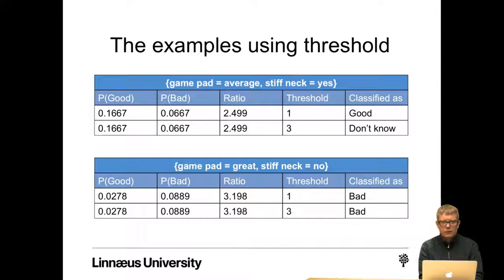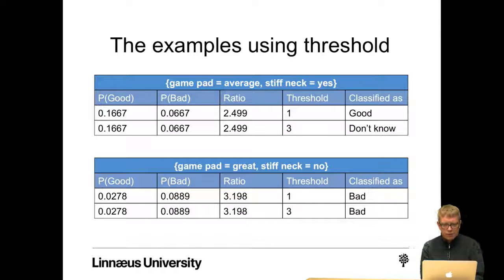If we use a threshold of 3, it means that the probability of the highest category must be at least 3 times higher than the probability for the other category, and the ratio here is only around 2.5, so we classify this example as don't know.